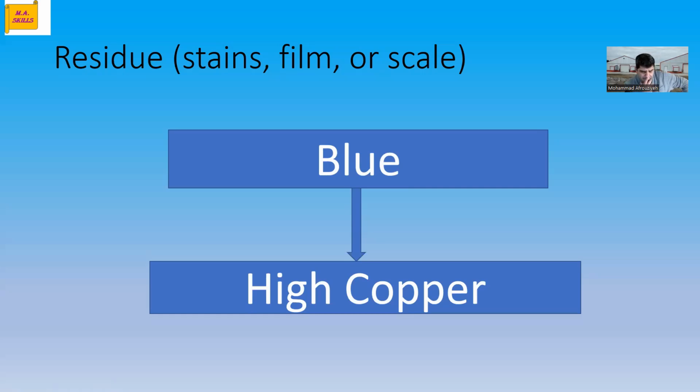Usually in water reports, copper is not reported. So that's why you need to specifically ask about copper if you see blue stains or film in your water line. So make sure to ask for it if you are seeing this sign.